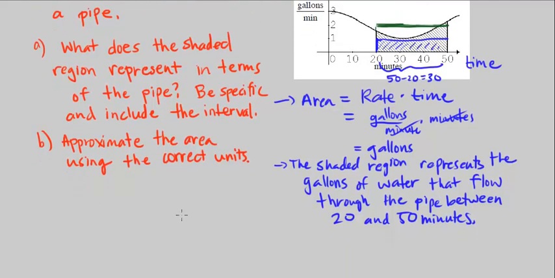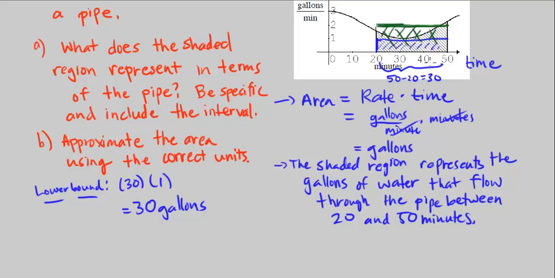So a lower bound, right, doesn't include this region here, is going to be 30 as the base, the area of a rectangle. The lower bound is going to be 30 times the height 1, which is 30, and we have minutes times gallons per minute, so that's 30 gallons as the lower bound.